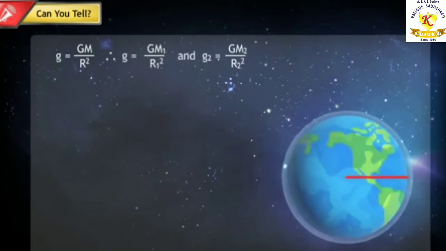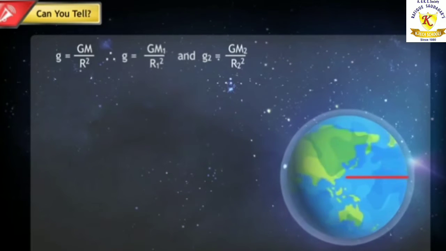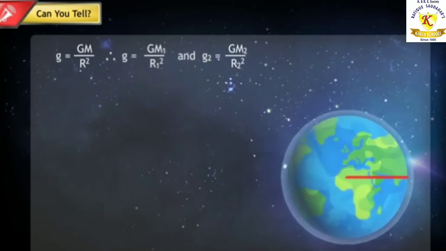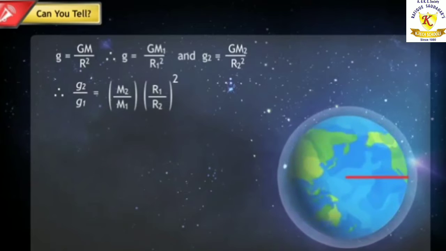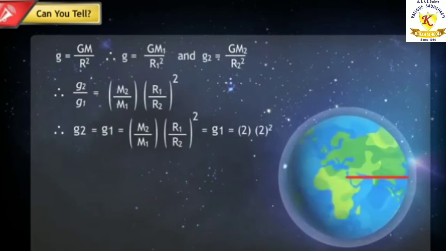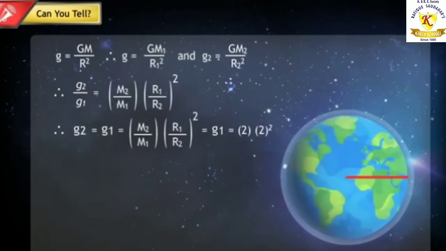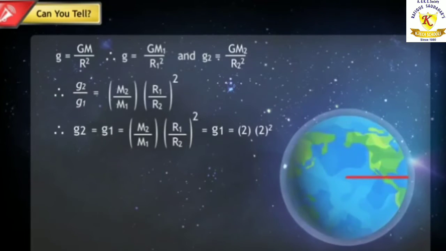g is equal to GM upon R square. Therefore, g1 is equal to GM1 upon R1 square and g2 is equal to GM2 upon R2 square. Therefore, g2 upon g1 is equal to M2 upon M1 into R1 upon R2 the whole square.